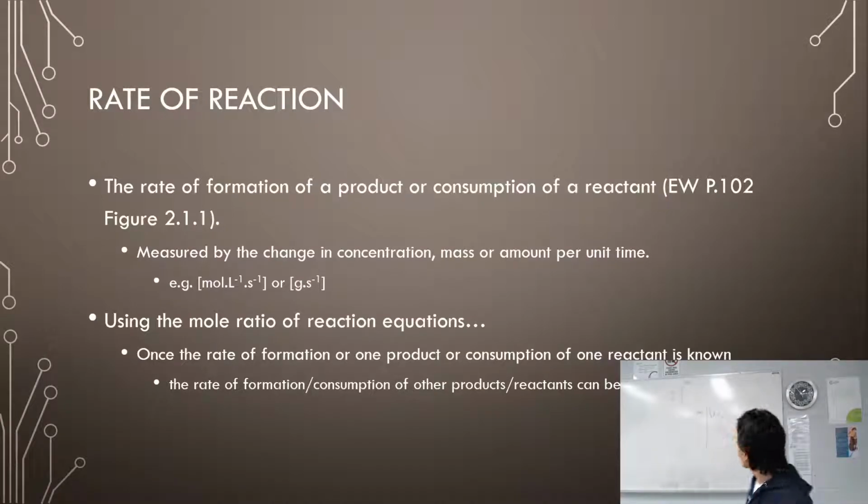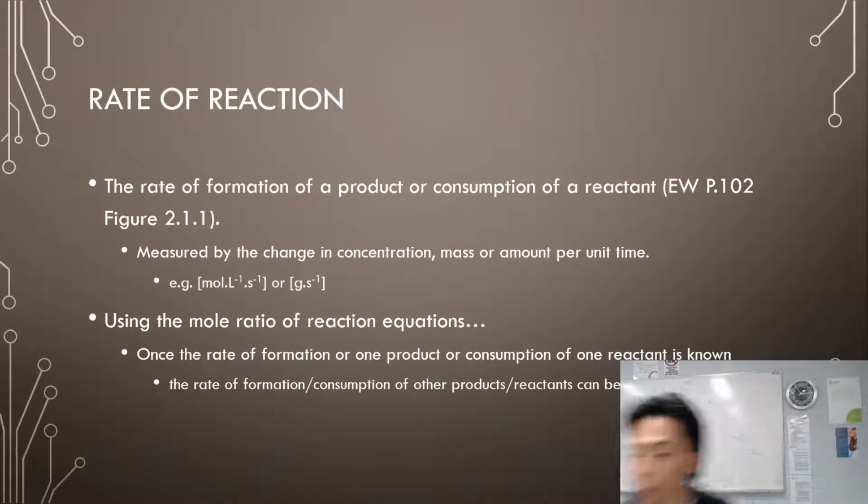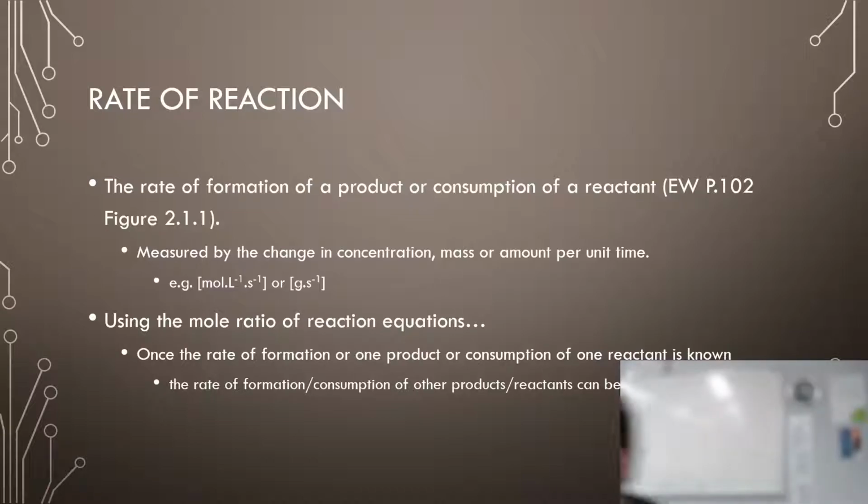You would notice that if it was a consumption of a reactant, it would look a bit like that. Start off with a really high number or very steep slope to something that has much lower slope. And you can measure that in units of moles per liter per second or grams per second.